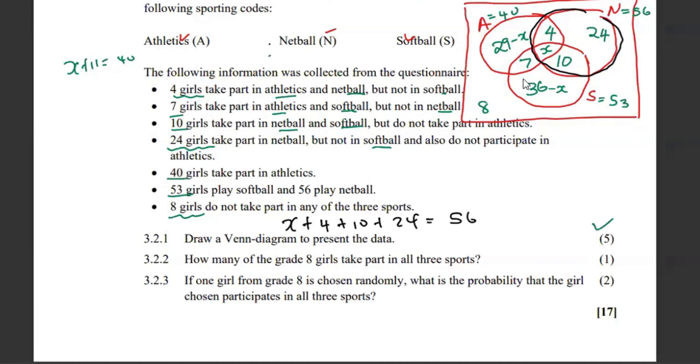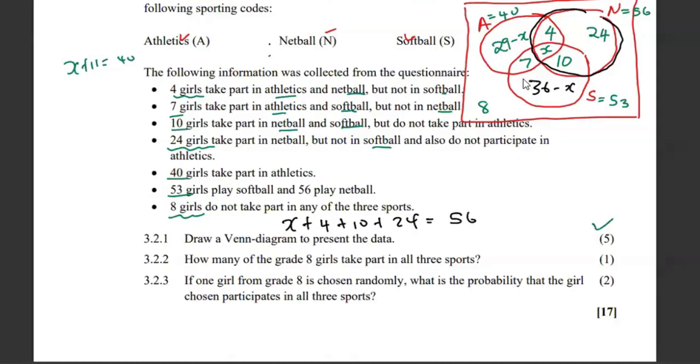Does that make sense? There's something I'm not agreeing with here because they told us 56 girls play softball. No, 53. So 53 minus 17 is 36. Yeah, let's leave it. Plus everything equal to 56 just for the netball.